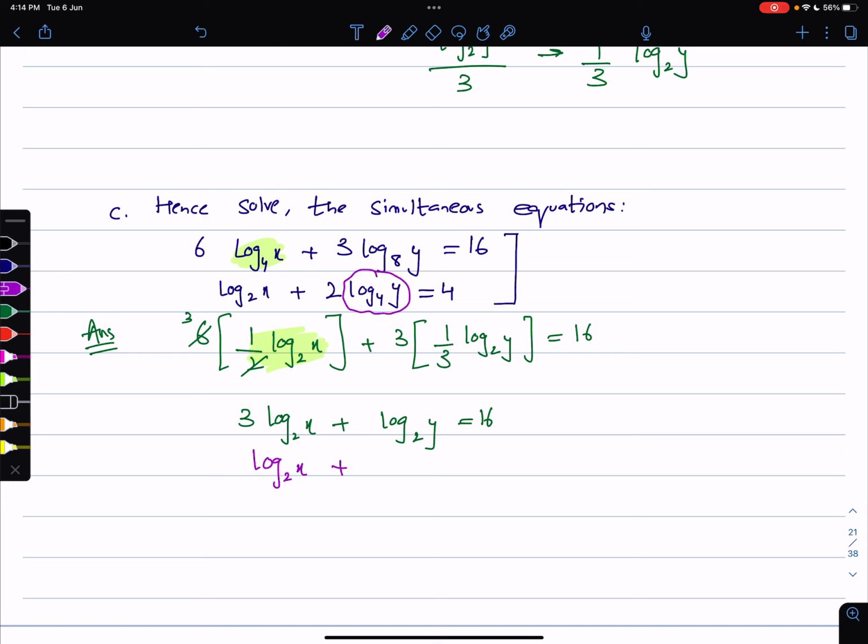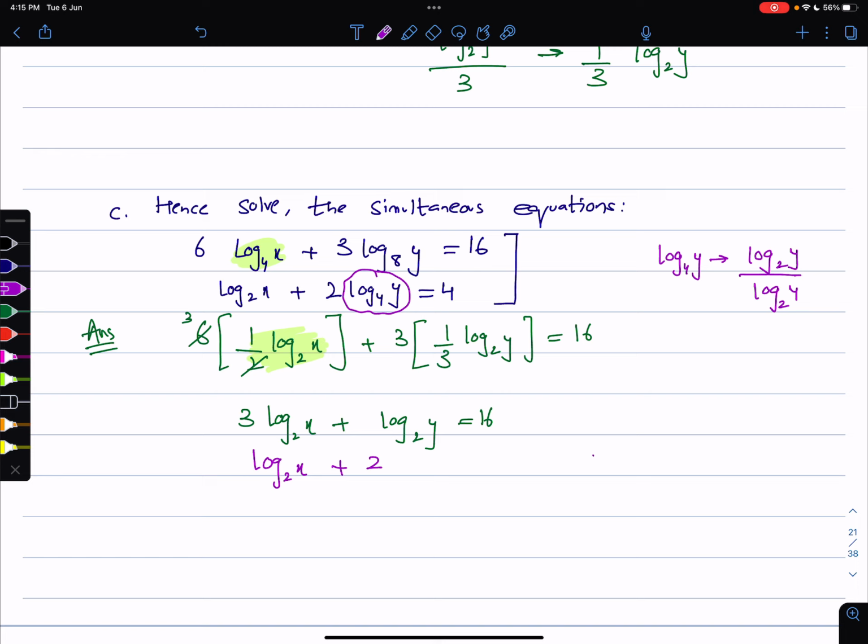Log 4 of y means log to the base 2 of y divided by log to the base 2 of 4. Since everything is in terms of log to the base 2 of x and log to the base 2 of y, we would like to keep it in that form. And if it's not in that form, we are going to apply the change of base rule to bring it in that form.